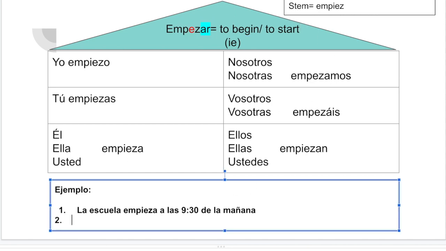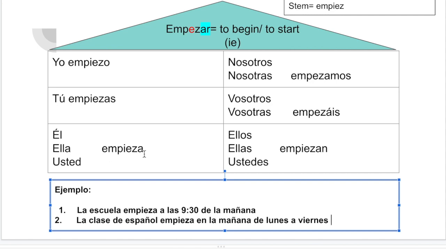Y I can say la clase de español empieza en la mañana de lunes a viernes. Entonces, Spanish class starts in the morning from Monday to Friday. La clase de español empieza.